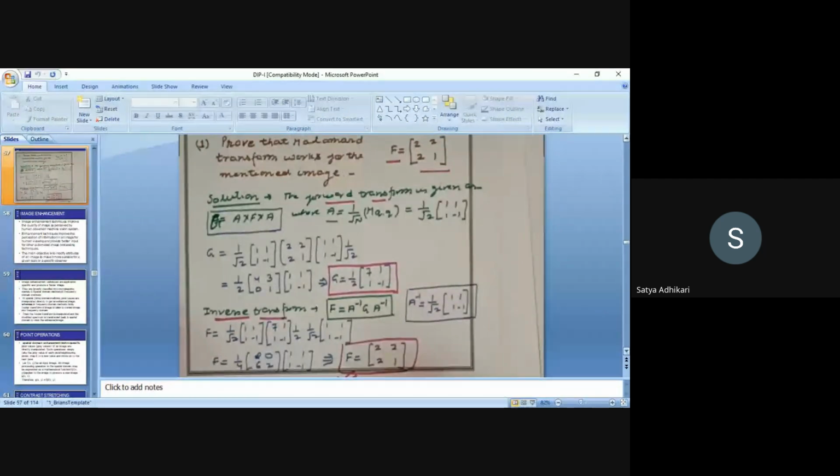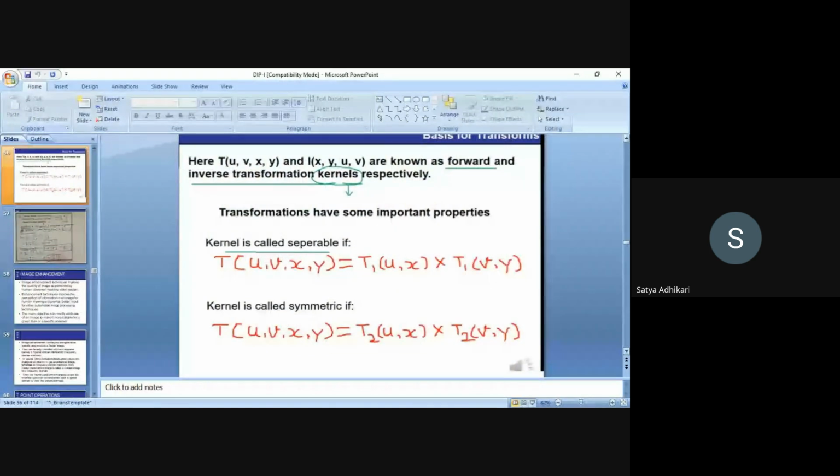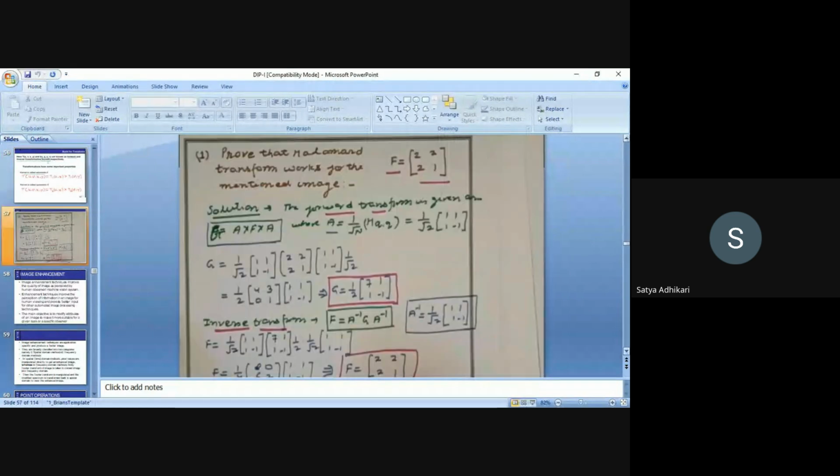So this is your transformation function, T(u,v,x,y) and I(x,y,u,v). Applying the forward transformation, we get G, and using the inverse transformation, we get F again. So the inverse transformation and forward transformation work opposite to each other.